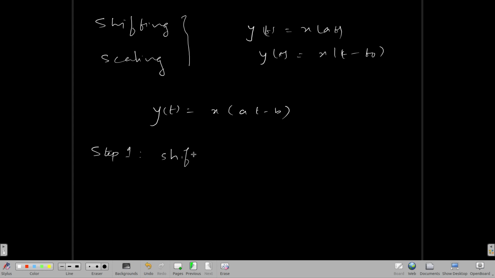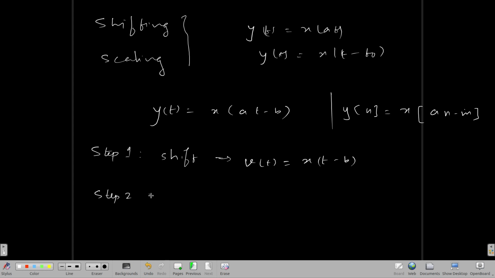shift. Okay, this is the same for discrete also. Y of n, follow the same thing for discrete also, x of n minus m. Shift implies v of t is equal to x of t minus b. Then scale.